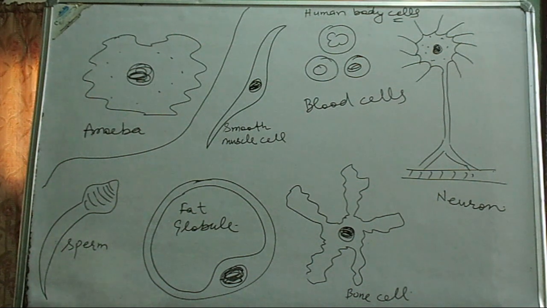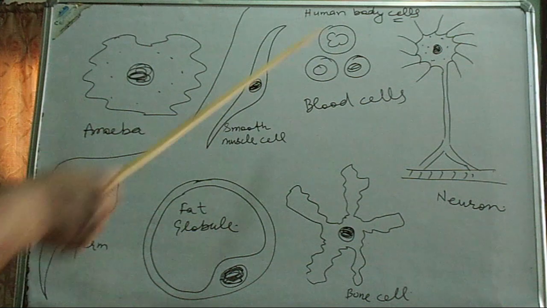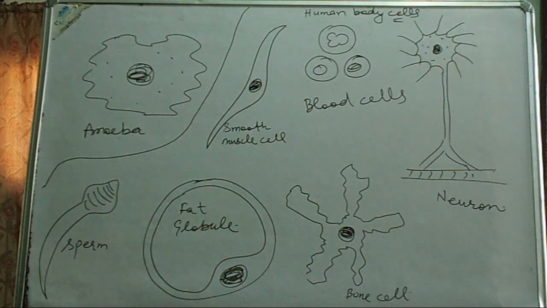Similarly, there were some organisms which developed before the human, because in the earlier period it is said that the cells that developed were not fully grown. Those cells did not have a nucleus like we see in amoeba or many other human body cells.